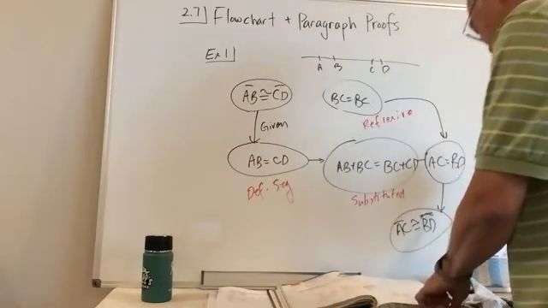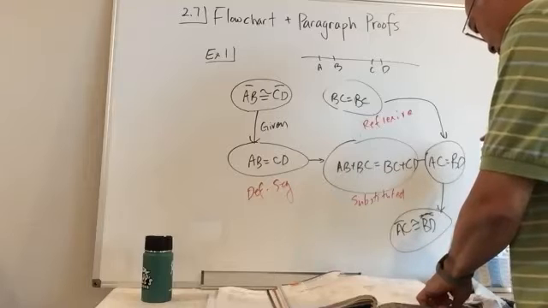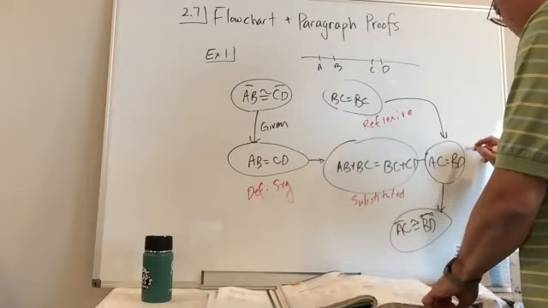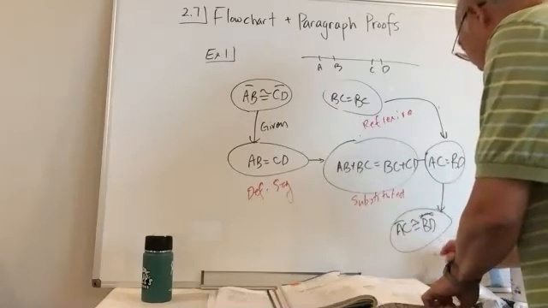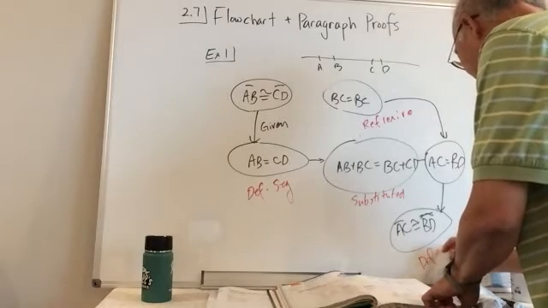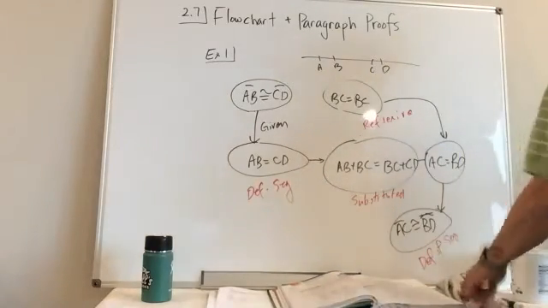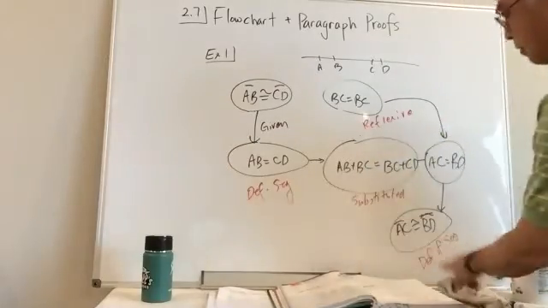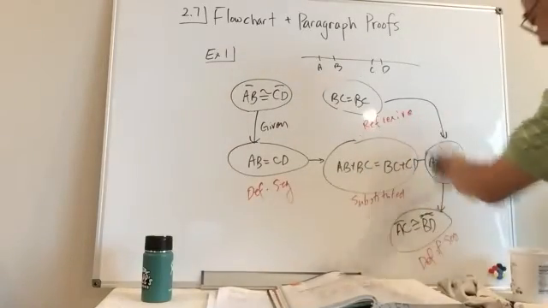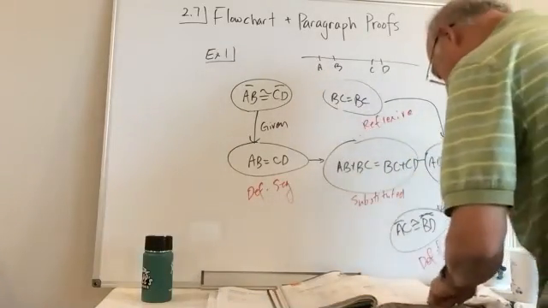This is the definition of a segment. Again, definition of a segment. It's the same thing that we used over here. This is the reflexive, and then coming down from here was what?